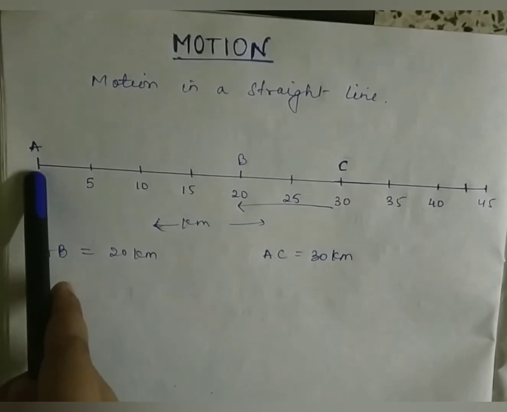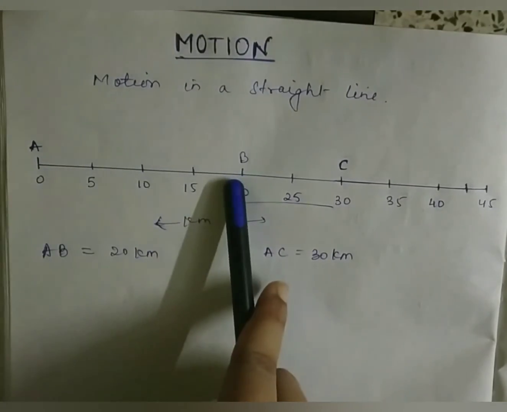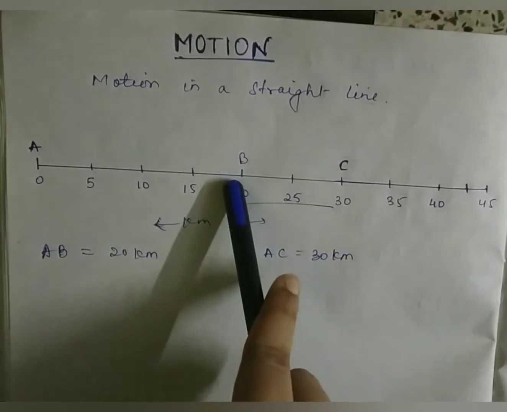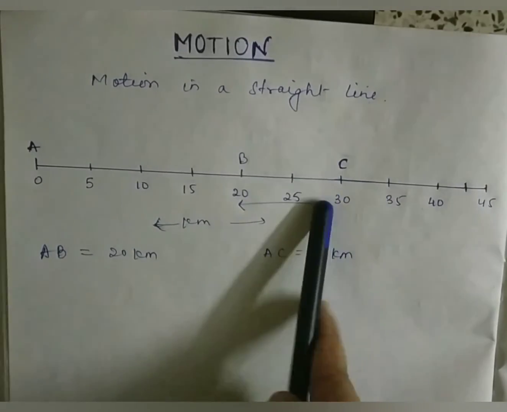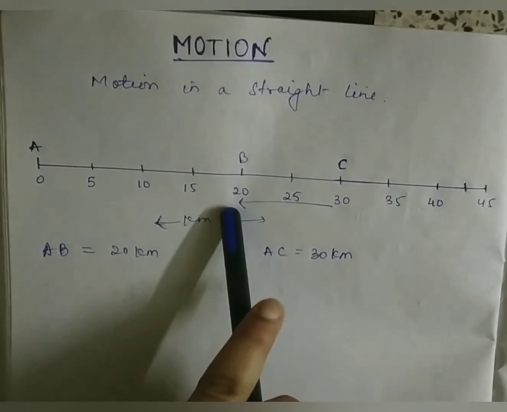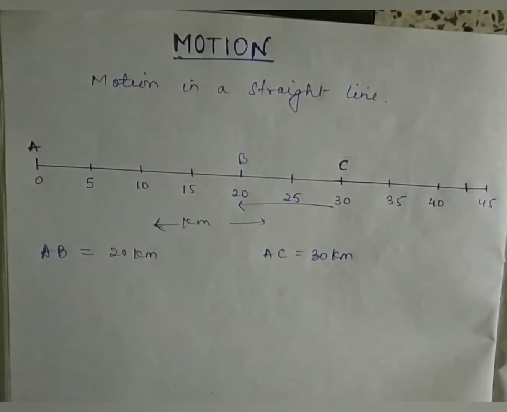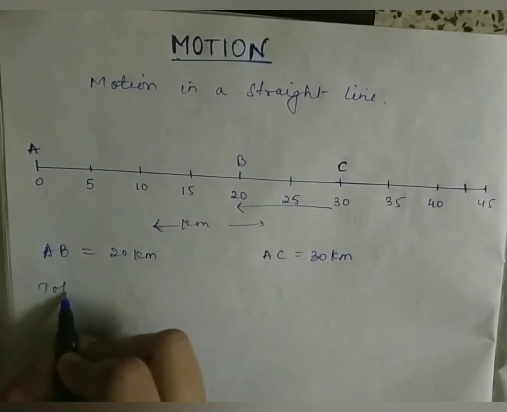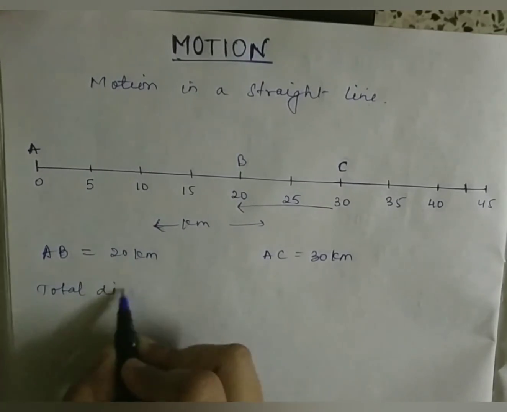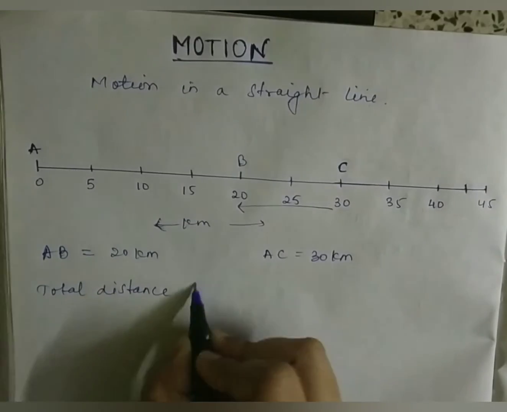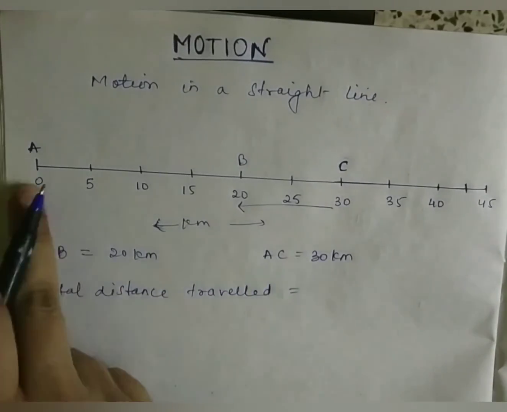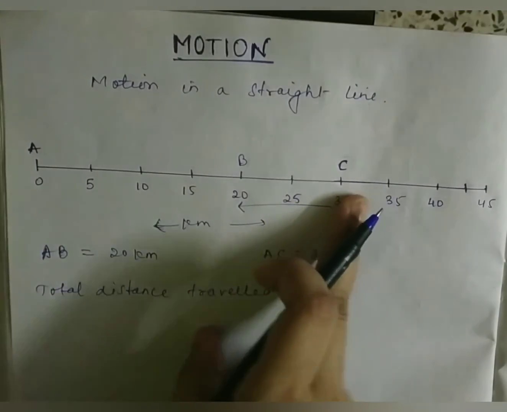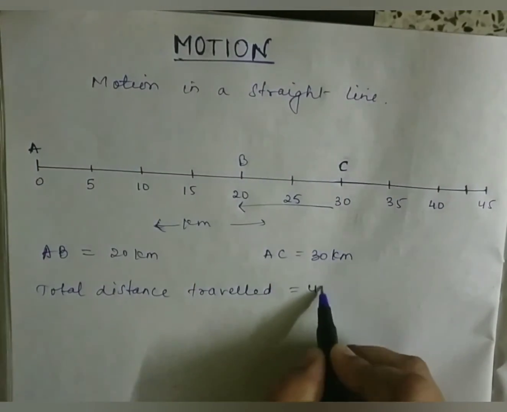You started from point A, you traveled 20 kilometers to point B. After that you traveled 10 kilometers to point C, and then again you traveled 10 kilometers back to point B. So the total distance traveled is equal to 20 plus 10 plus 10, so 40 kilometers.